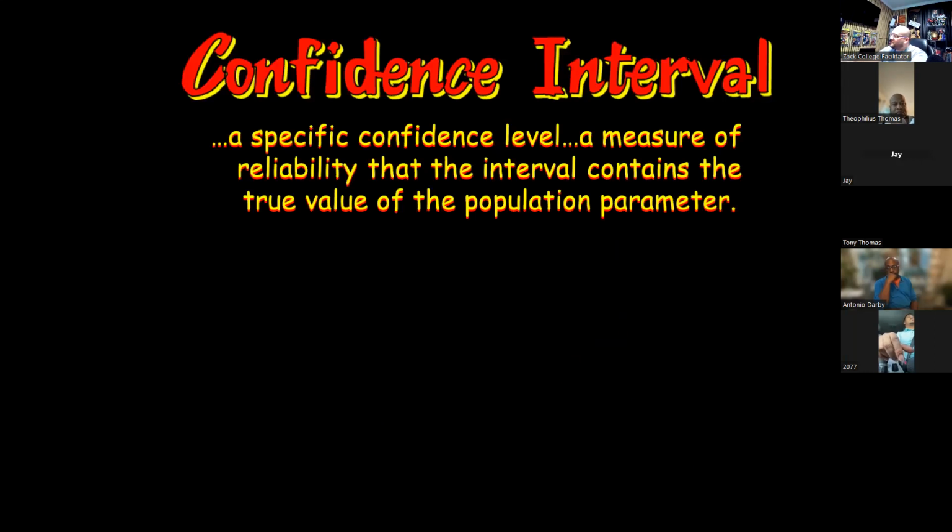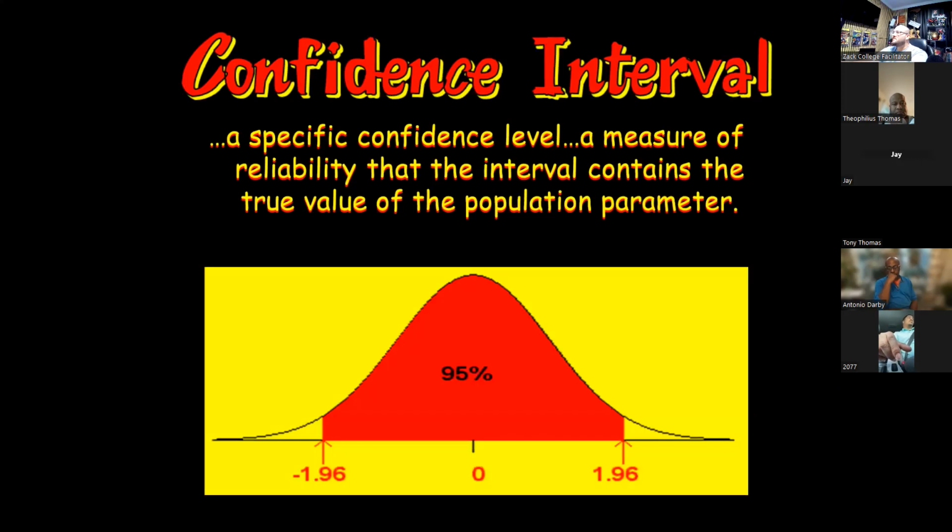A specific confidence level is a measure of reliability that the interval contains the true population parameters. So if I look at it from a t-test standpoint, I have the ability to say, okay, if I am at these metrics and these values, it is cutting into the threshold.